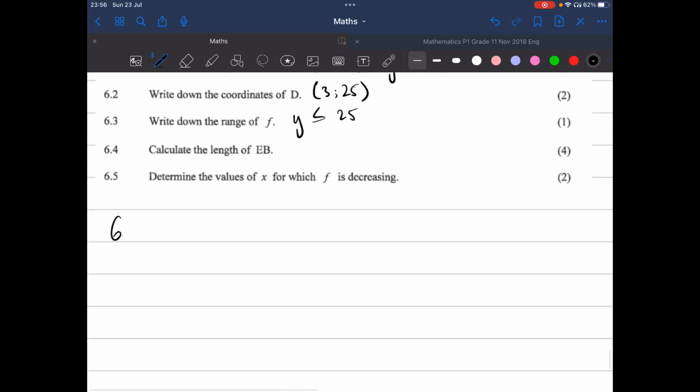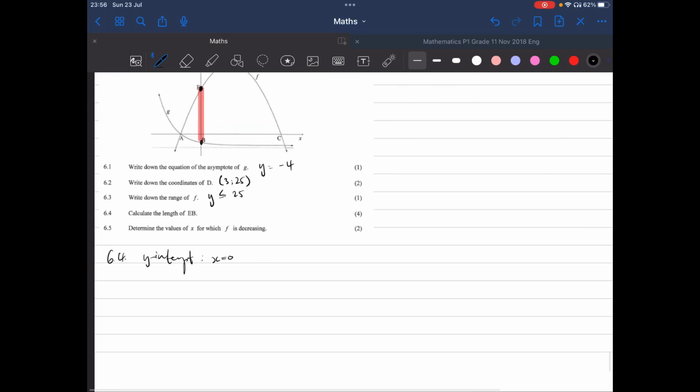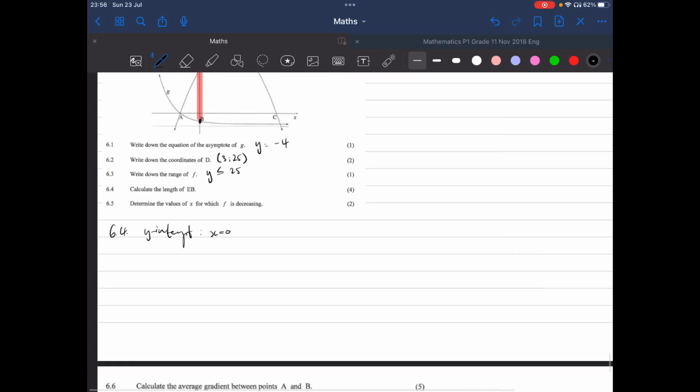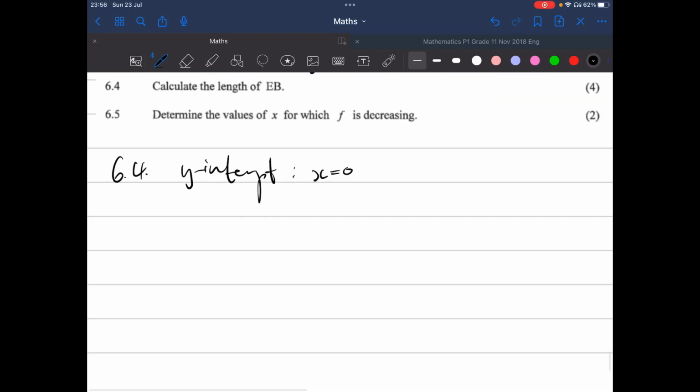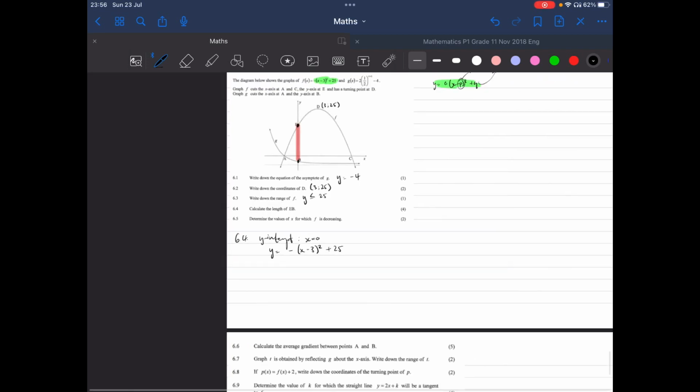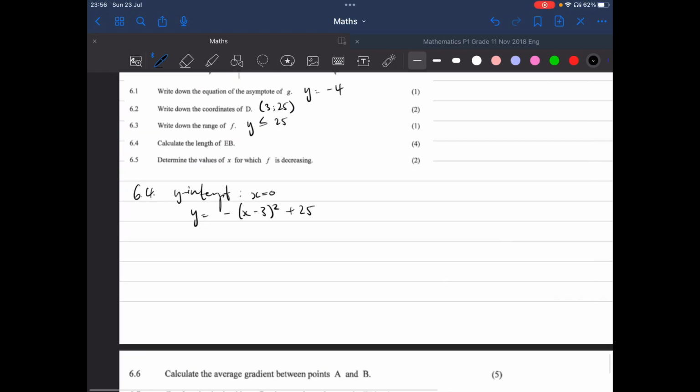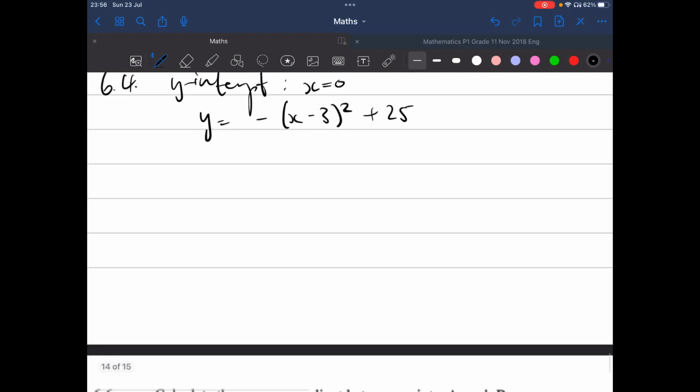So for 6.4, y-intercept means x = 0. Let's start with f(x). So y = -(x - 3)^2 + 25. Now we're going to replace this x with 0.